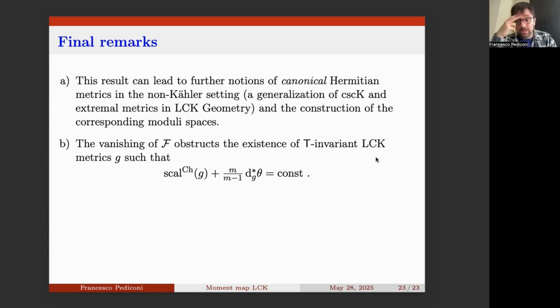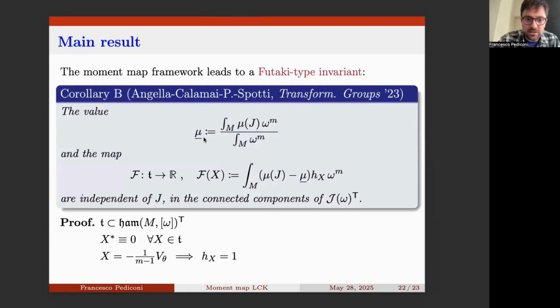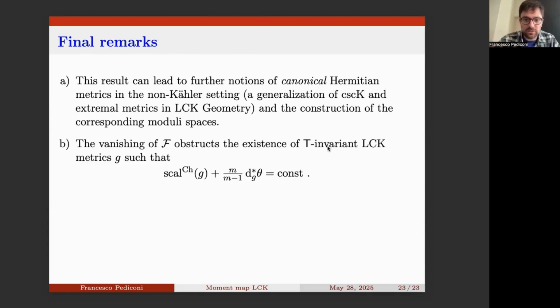Actually, the problem here, in order to understand the solutions to this equation, is that up to now there is not a good cohomological or geometric interpretation for the constant that should be put inside the equation in order to find a solution. So this is something we are working on right now, and it's not clear. The constant would be this constant appearing in corollary B, and it's not clear how to handle it.